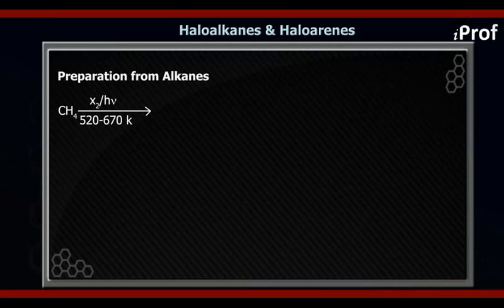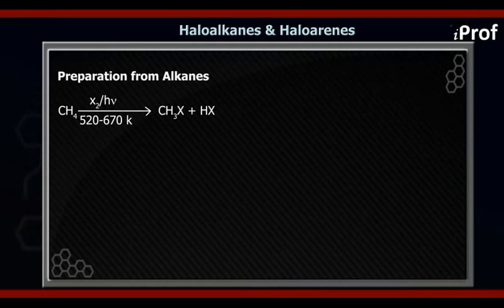The temperature for this reaction is 520 to 670 Kelvin. Basically what it will form is CH3X, which is known as halomethane. Now in this step HX will be eliminated.